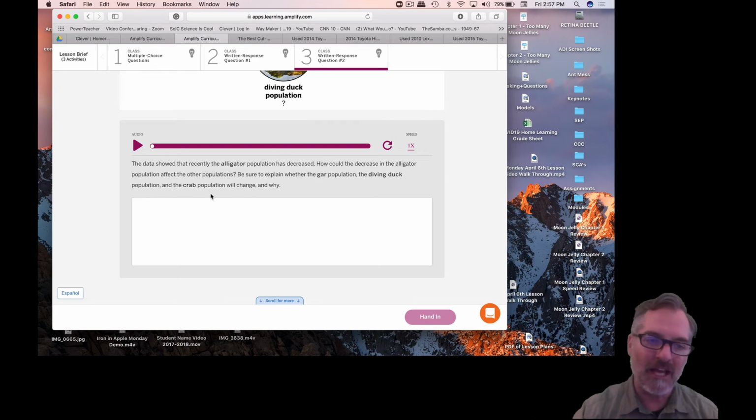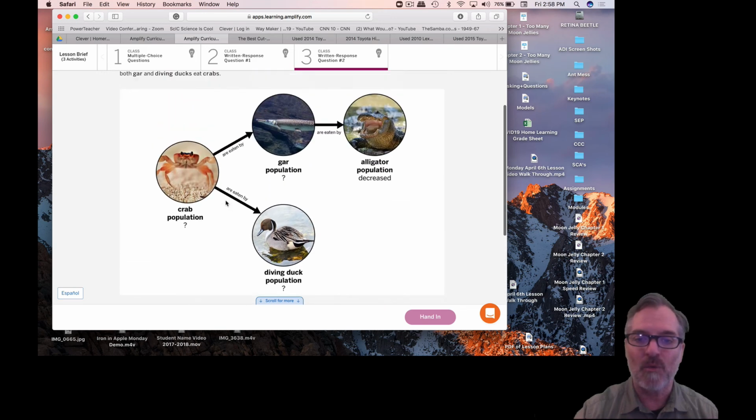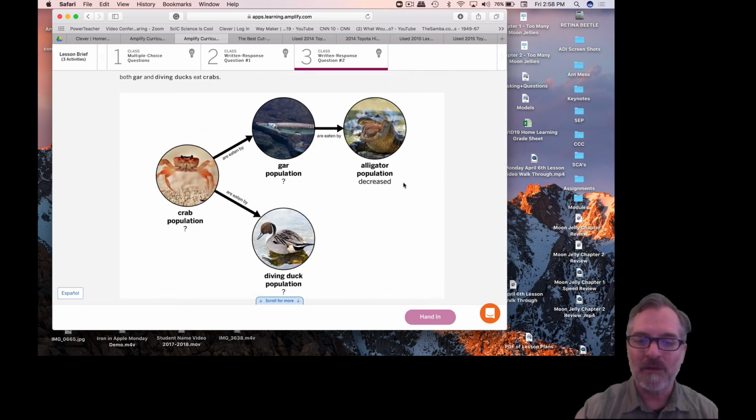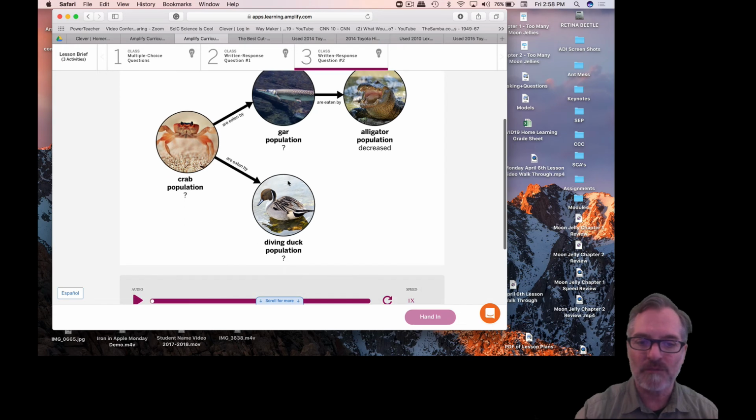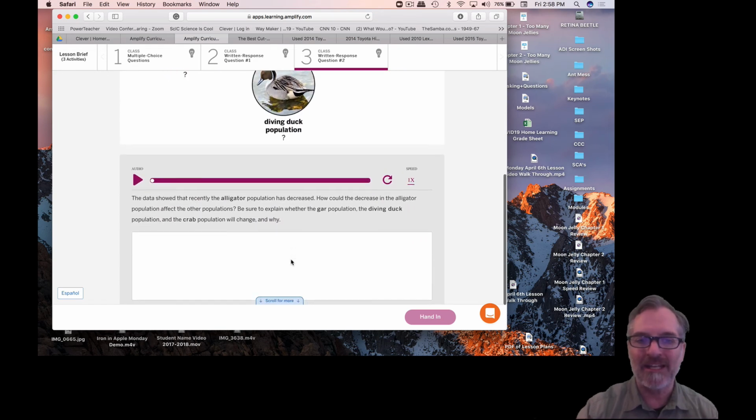How could the decrease in the alligator population affect the other populations? Be sure to explain whether the gar population, the diving duck population, and the crab population will change, and if so, why. So again, the alligator population is decreasing. So we want to know, there's a question mark with the gar, the crab, and the diving duck. So hopefully that is helpful. Go ahead, take the 3 parts of that critical juncture assessment, and then hand that in.